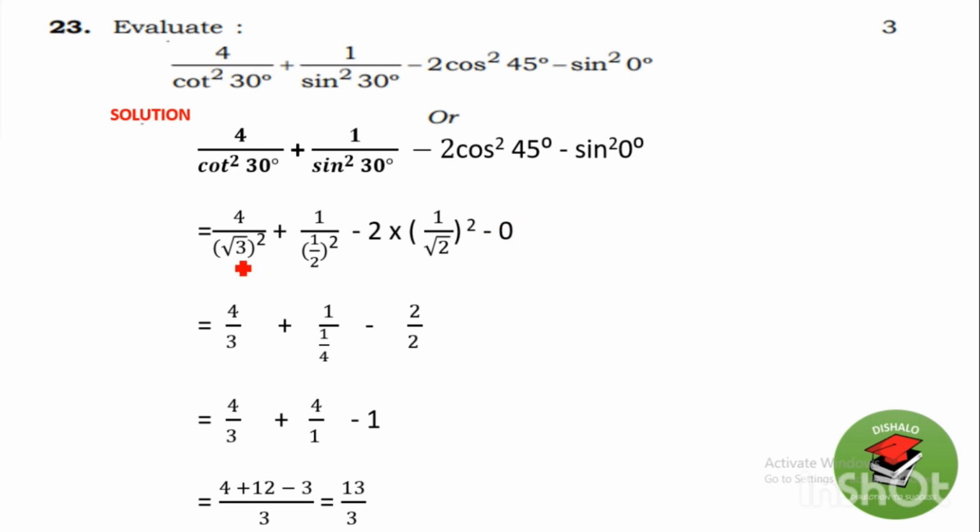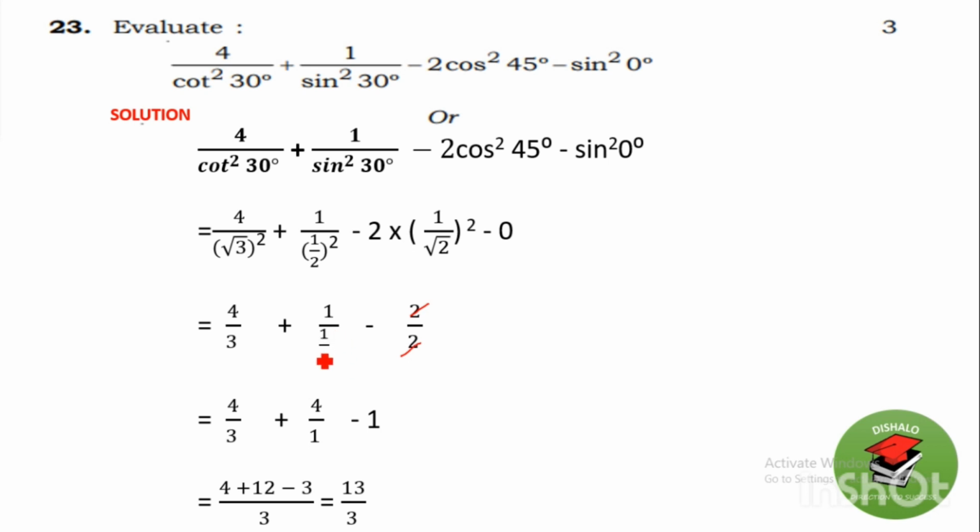So 4 by root 3 square is 3, root 3 into root 3 is 3, plus 1 by 4, because 1 square is 1, 2 square is 4, minus 2 into 1 square is 1, and root 2 square is 2. Then you cancel 2, you will get 1.